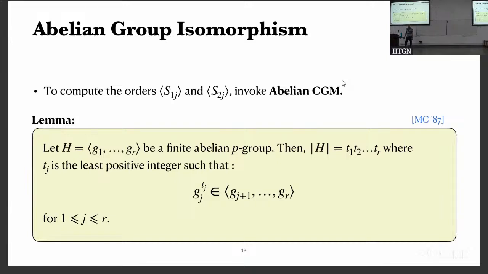If you are given a sequence of elements, the span of a sequence of elements, and let the size of the set be, then the size of the set is T1 times T2 times Tr, where Tj is the smallest exponent such that gj to the Tj belongs to the rest of the set.